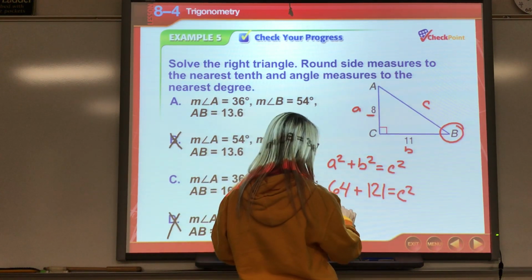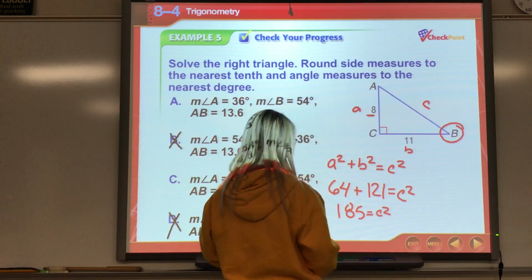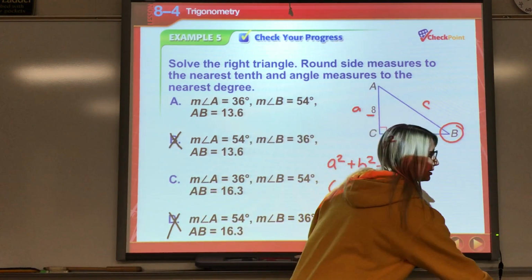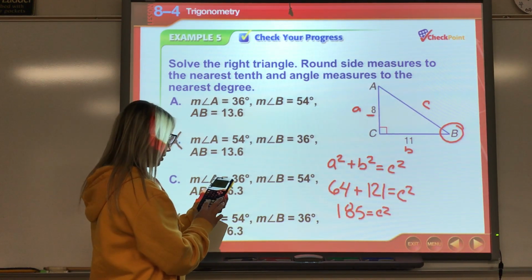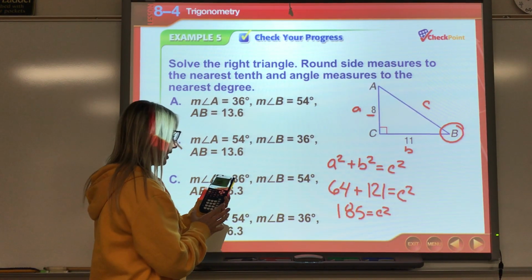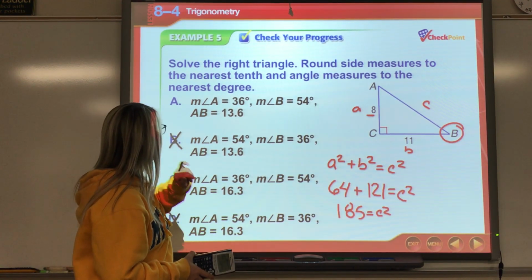Okay, add those together, we get 185 equals C squared, and I don't think that's a perfect square, is it? So we're going to take the square root of 185, and I got about 13.6, so looks like A.